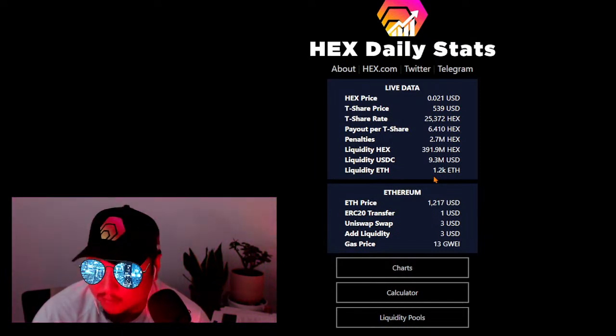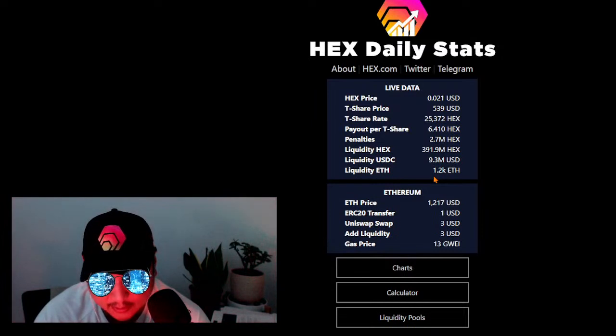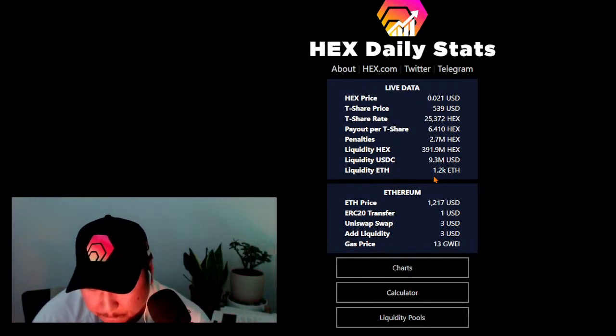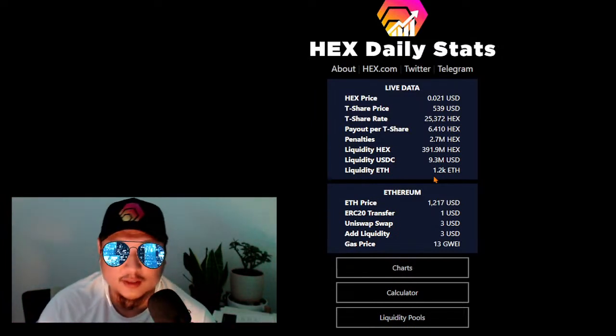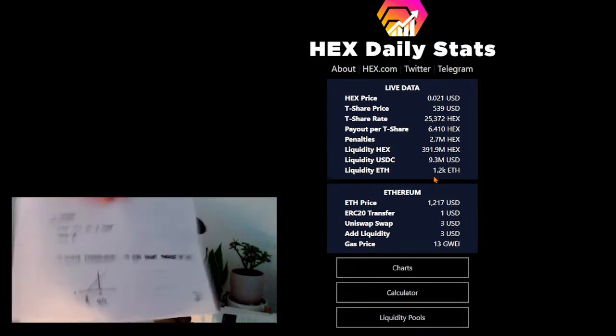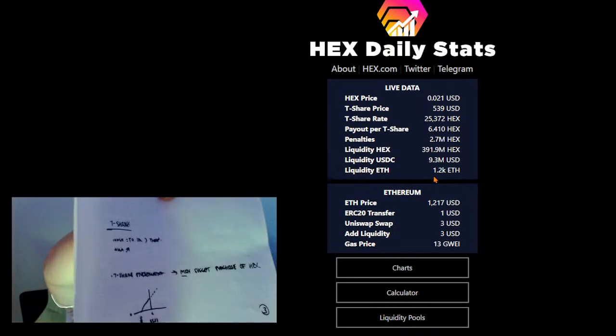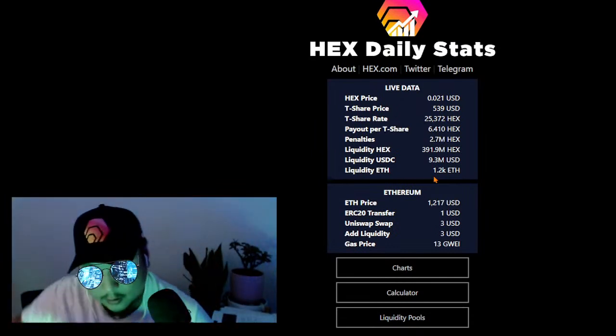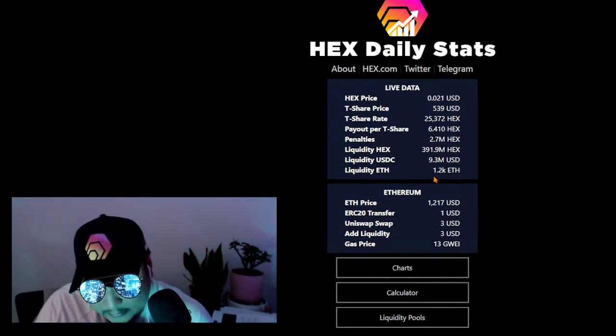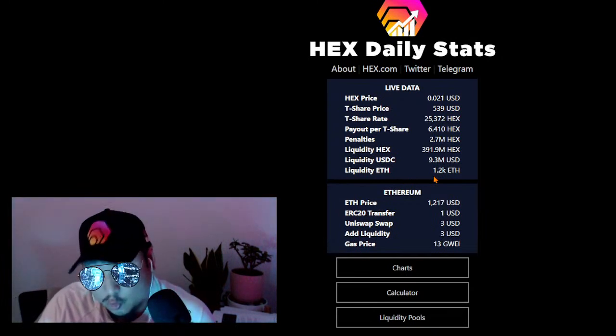The next thing is the T-shares. I guess the thing to know about T-shares is this here. It's that dot point. I have like 2 dot points.